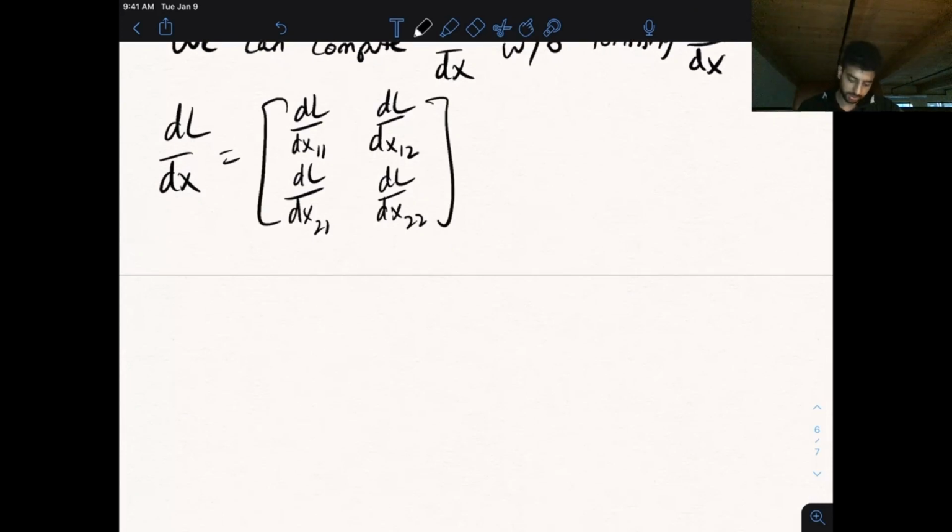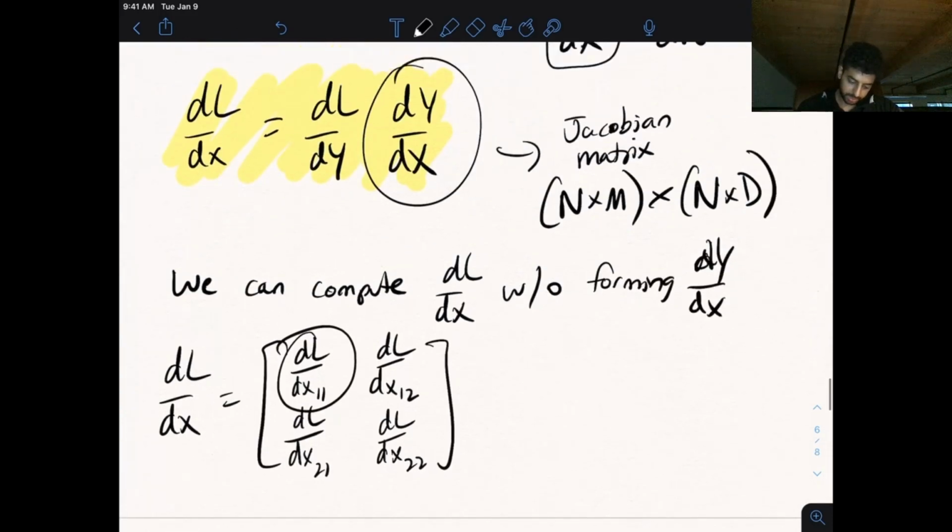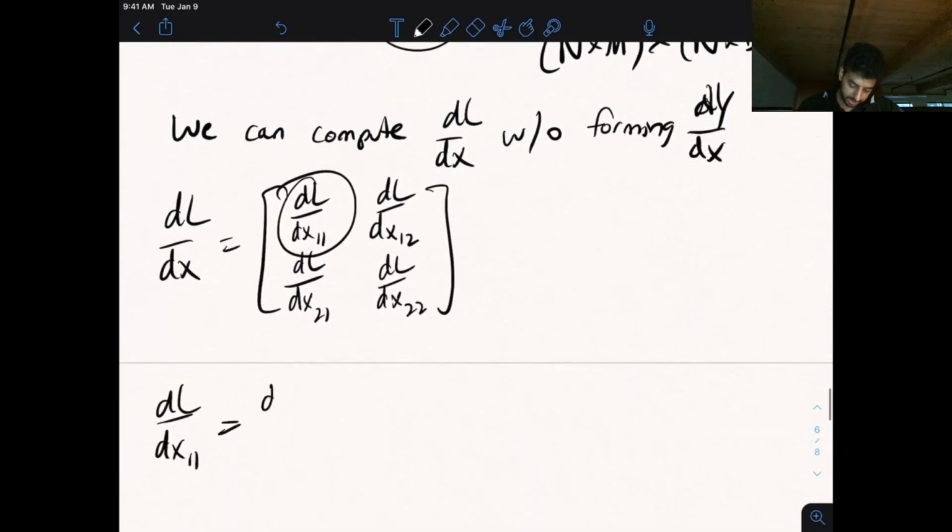So we can start with this one, dl dx11. We know from our equation up here that this is the same as a multiplication of dl dy times dy dx11. Note that L is a scalar here and x is a scalar, so this whole thing is also a scalar.